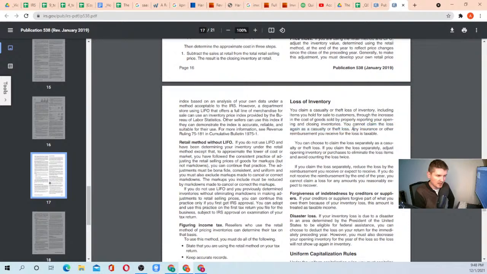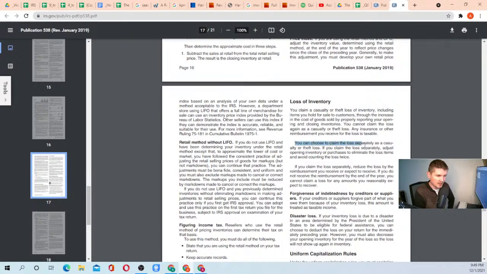And also, any insurance or other reimbursement you receive for a loss is taxable. So you need to make sure that you included the insurance proceeds. So you included your lost inventory in your costs, and you include the insurance proceeds in your revenues, in your income.